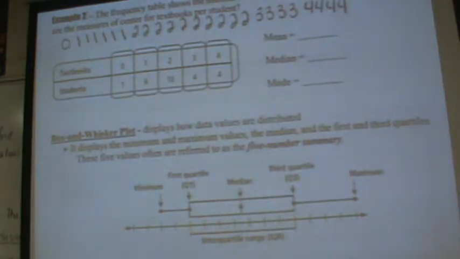So that's what our actual set would look like written out. So it's just a little neater or cleaner to see it in the table rather than writing it out.